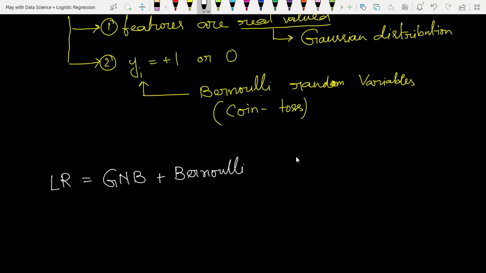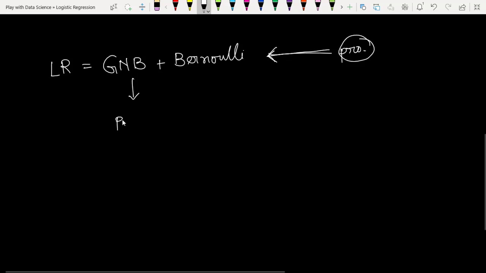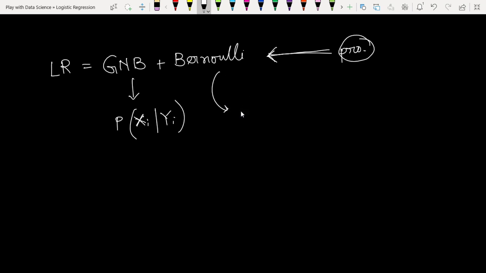So this is the main probabilistic approach. This is the probability of x_i given y_i, and y_i obeys a Bernoulli distribution.